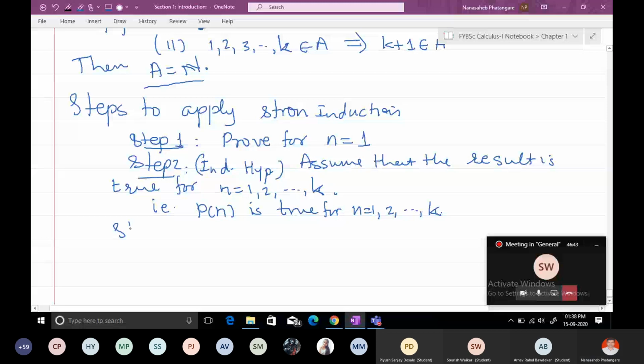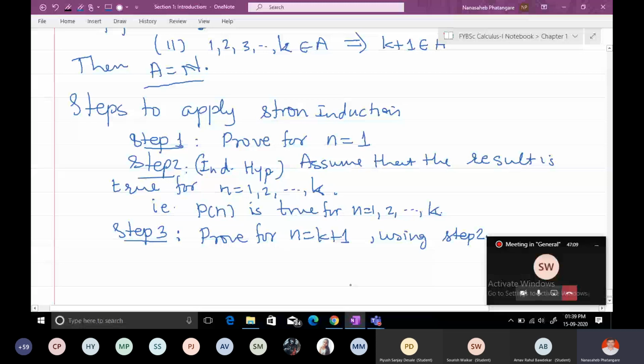Then step 3, proof for n equal to k plus 1. From induction hypothesis using step 2. So using step 2, prove the third step, that is prove for n equal to k plus 1.